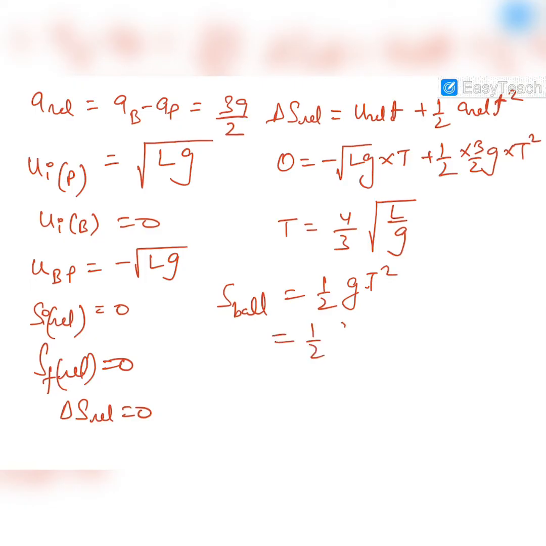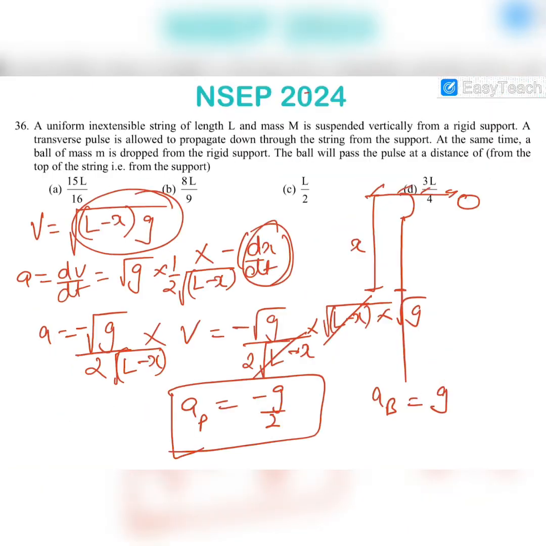So this is half g, t square is 16/9 and this is L by g. So cancelling this g with g, this is 8L by 9. So the correct answer will be B, 8L by 9.